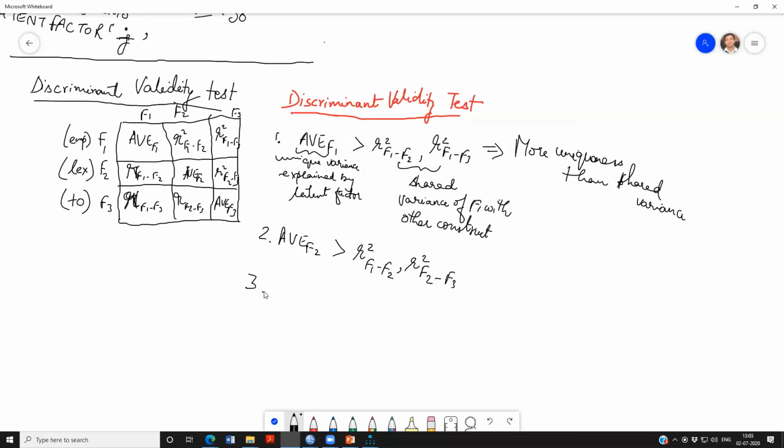And the third one is AVE F3 is greater than R square F1, F3 and R square F2, F3. Right, so if these conditions pass, then the factors have more unique variance than what they share.